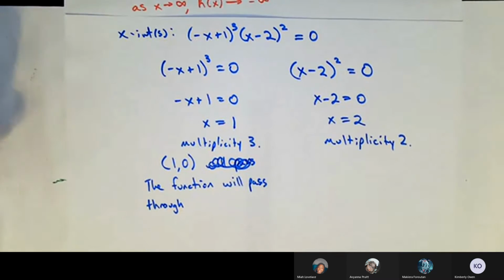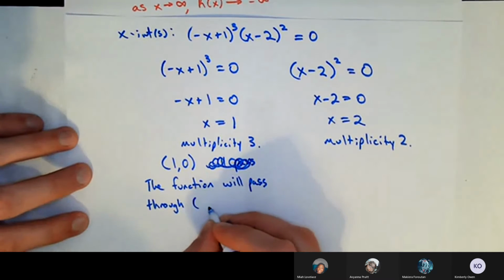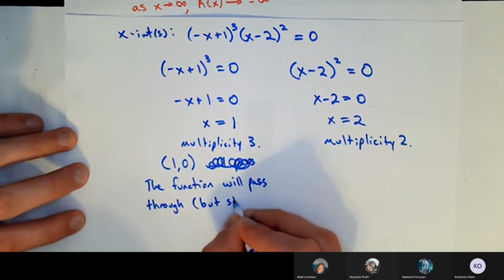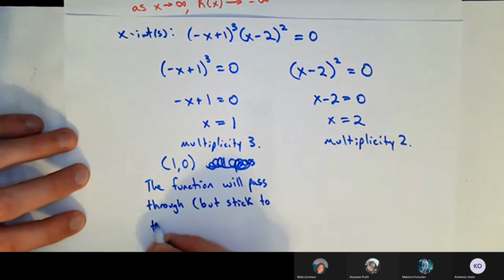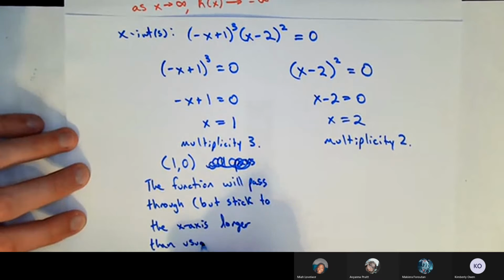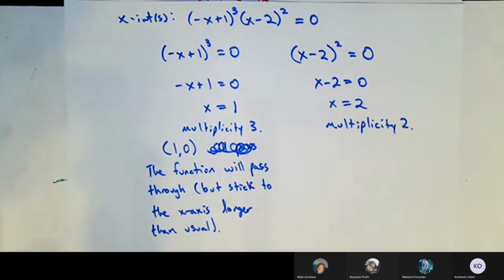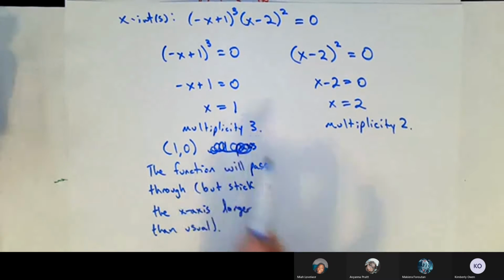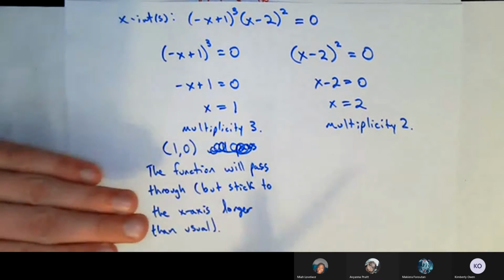But I'll say parenthetically, but stick to the x-axis, or stick near the x-axis, longer than usual. So when it's an odd multiplicity, it doesn't bounce off. It still passes through the x-axis, but the higher the odd multiplicity, 3, 5, 7, 9, the longer it's going to want to tend to stay near the x-axis.